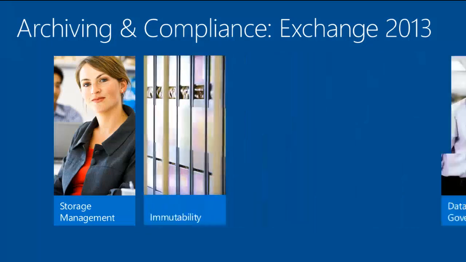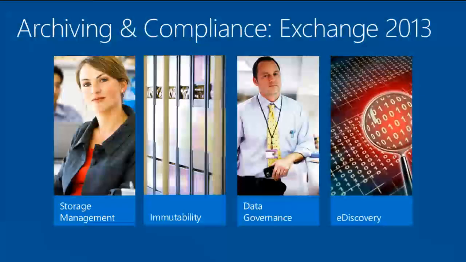So let's get started. What do we want to do with compliance or archiving in the cloud? One of the first things people think about is storage. When I'm storing years and years worth of email, typically people accumulate email on an average about 3.5 to 5 gigs a year. Your mileage may vary.